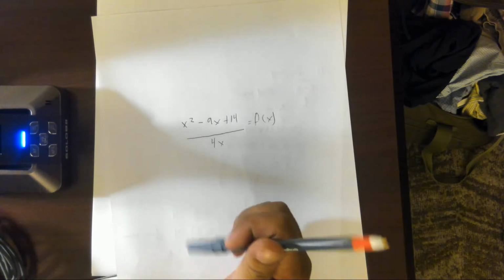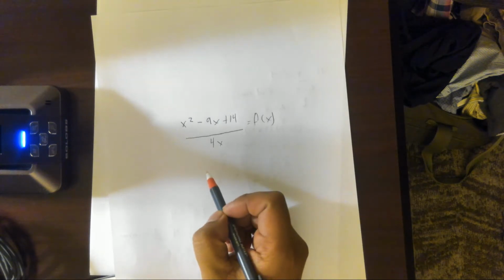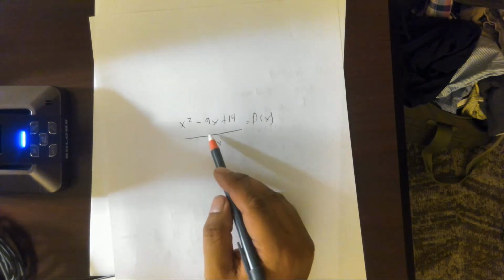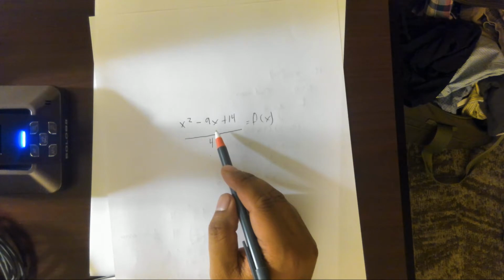So here we have 4x on the bottom, but we have this polynomial on top.